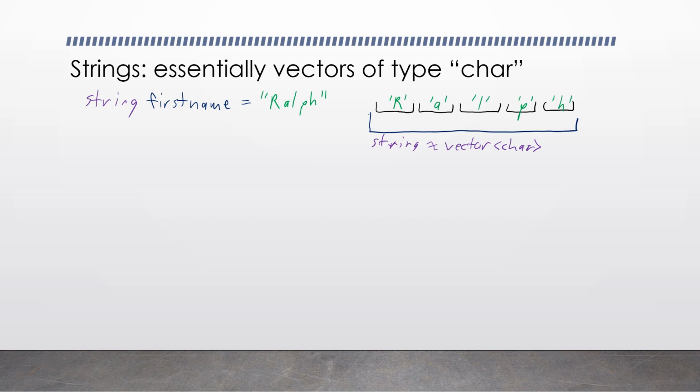If I wanted to store a person's name in some non-Western alphabet, let's say I wanted to say first name equals Ari in Hebrew, I can't do that with a C++ string, because string is limited to 256 characters, to 1 byte.